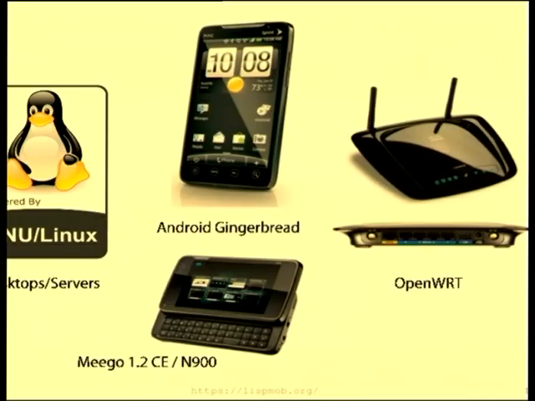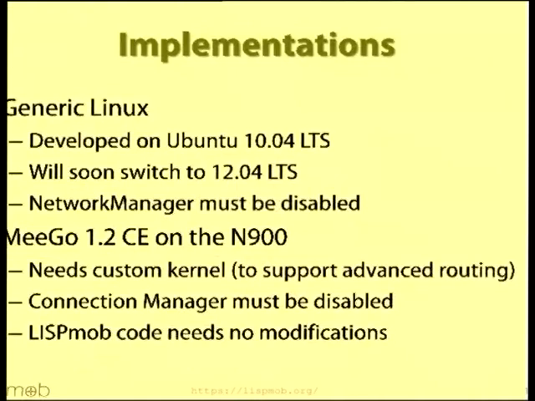Some of the platforms supported, you can see here. So we support generic Linux. We have an implementation for Android Gingerbread, OpenWRT, and we also tested it on the Nokia N900 with MeeGo Community Edition. Development was mainly done on Ubuntu long-term support, 10.04.